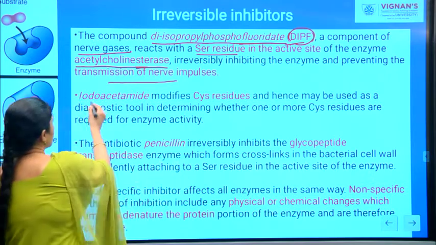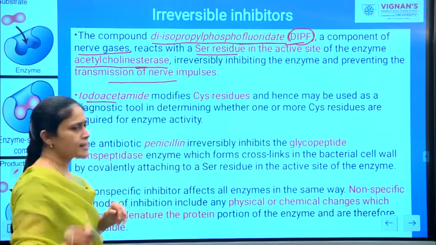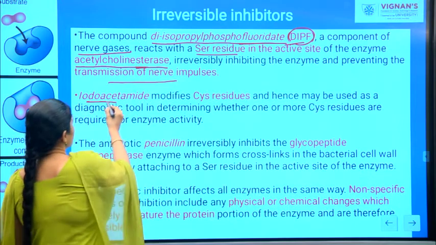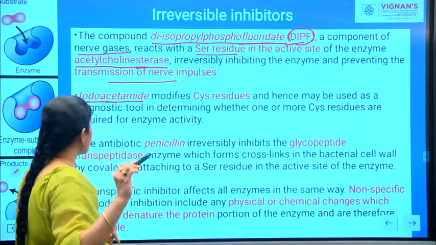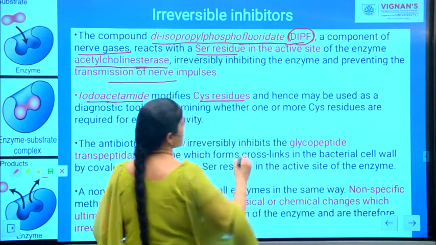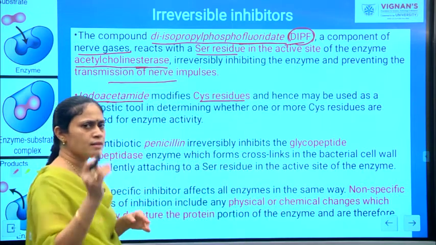Let us see iodoacetamide. This is also another inhibitor. This iodoacetamide is affecting the cysteine residues present in the enzymes. It is modifying the cysteine residues.